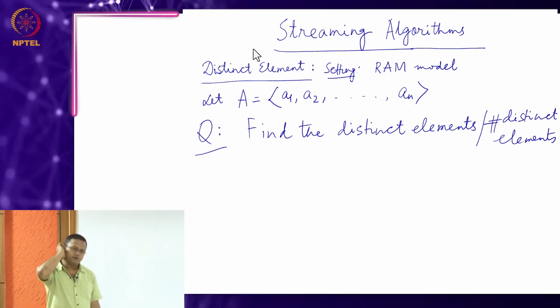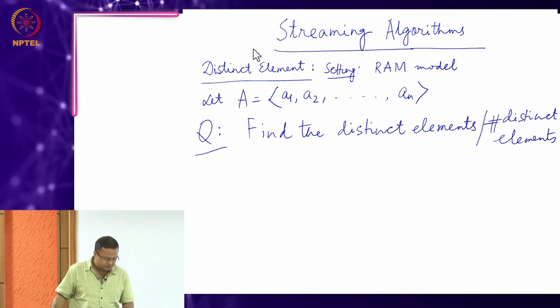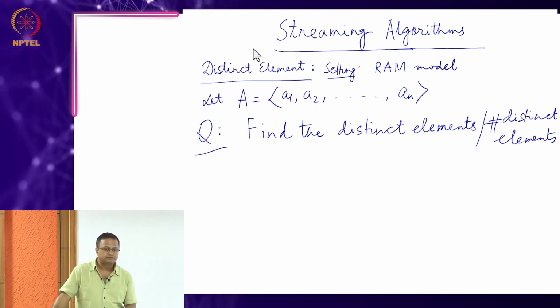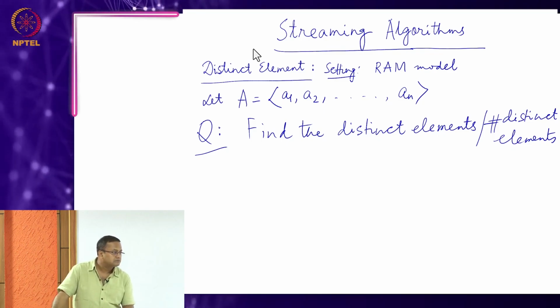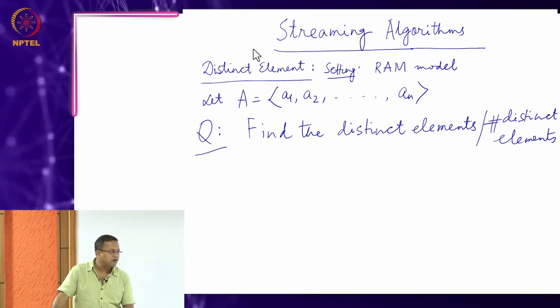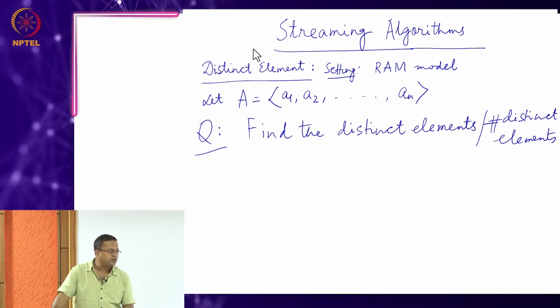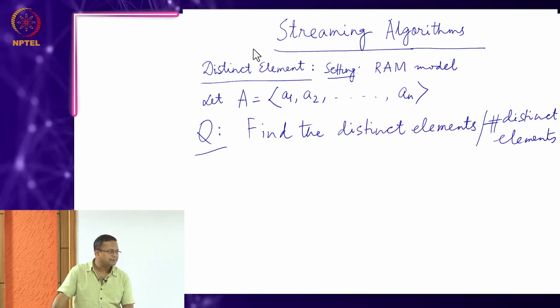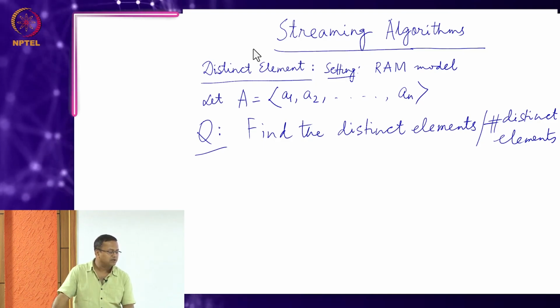What do you do in your usual RAM model to find out the distinct elements? How do you delete duplicates? How do you find duplicates? So what time would you take?